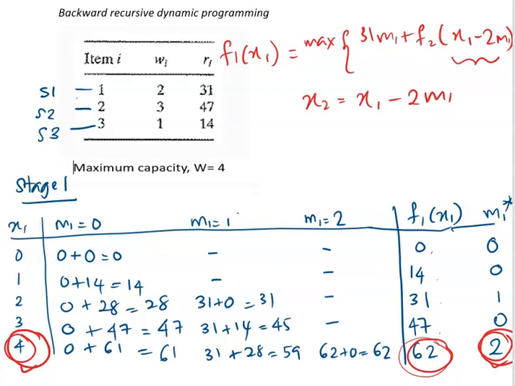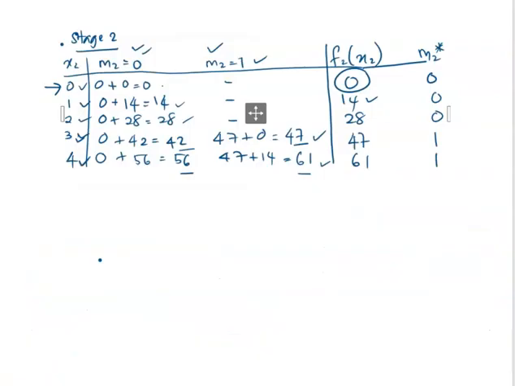So x1 equals 4 minus 2 times m1 equals 2. So 4 minus 4 is 0. So we know that our x2 equals 0. So when we go to stage 2, look at x2 equals 0.